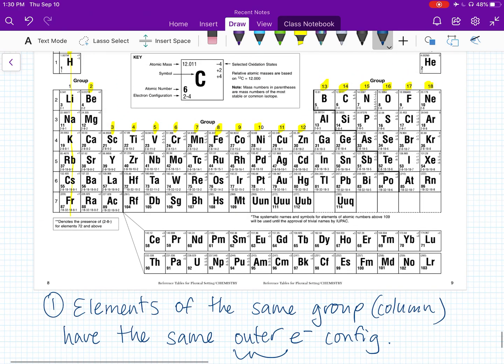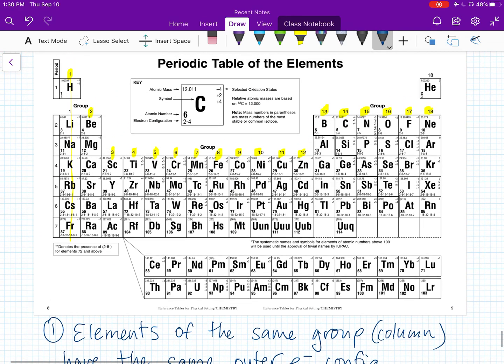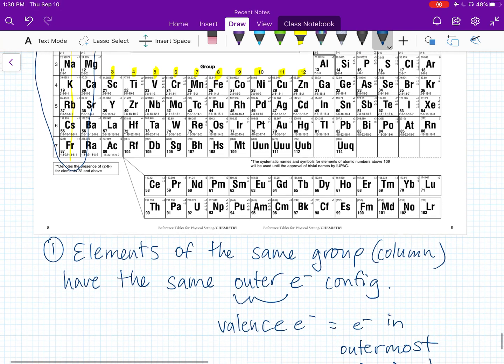Let's take group 1 on the periodic table. I'm going to talk about hydrogen through francium, so this first group on the periodic table.